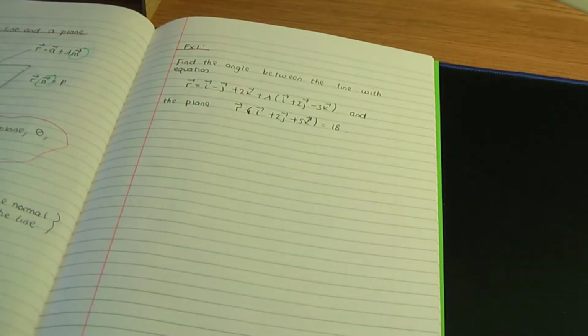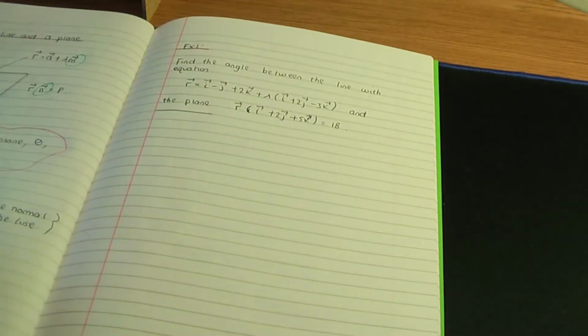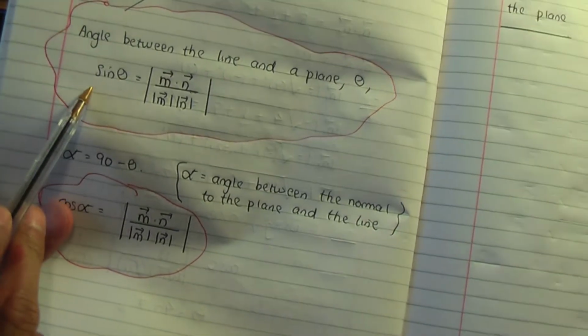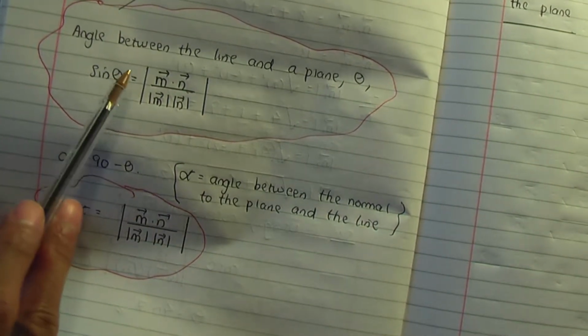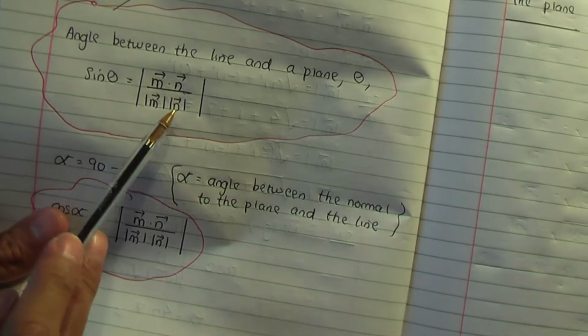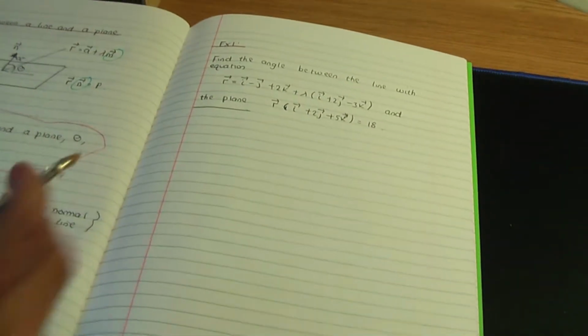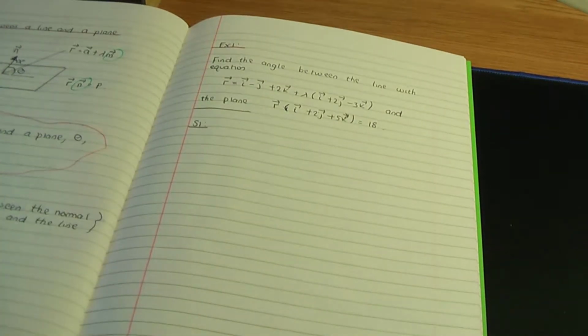Okay, so let's do the calculation. So remember the formula in the previous video, sine theta, that's the absolute of m dot n over the modulus of m times the modulus of n. Okay, so for step number 1, let's calculate m dot n.